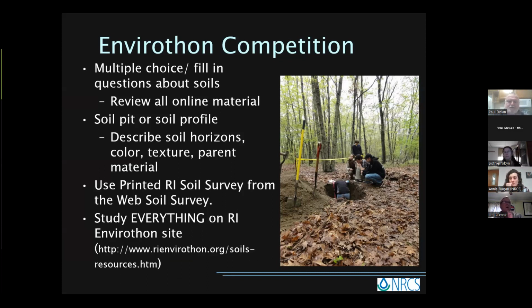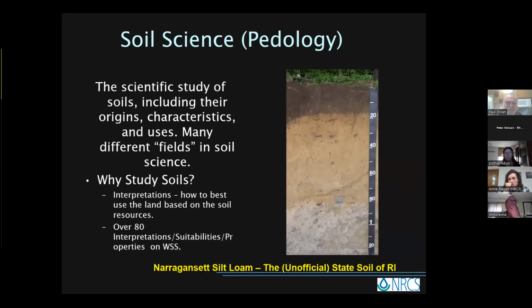You're going to hop into the pit and describe the horizons, color, texture, determine the parent material, and make some interpretations about what you see in the soil. There's also a section using printed soil survey data from the web soil survey, using a customized soil report. We don't allow use of computers or smartphones, so you're going to have a printed version of the soil survey. So try to study everything.